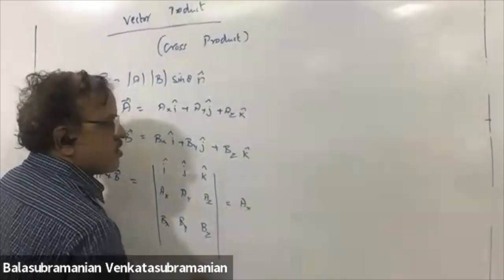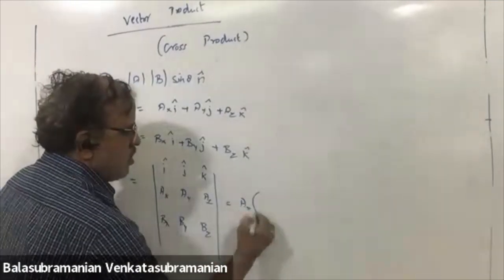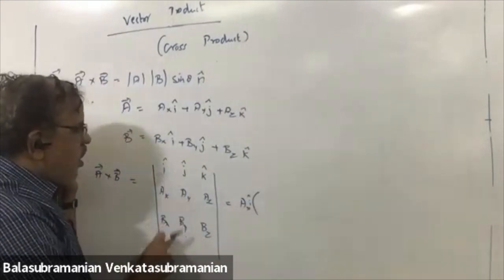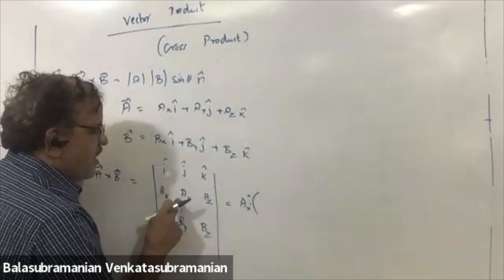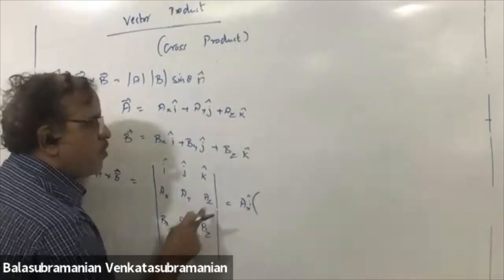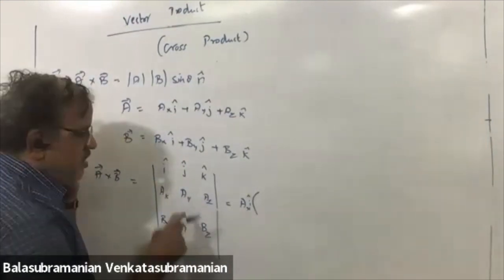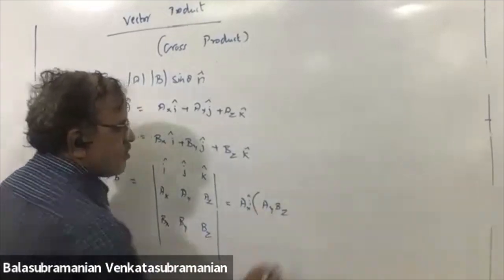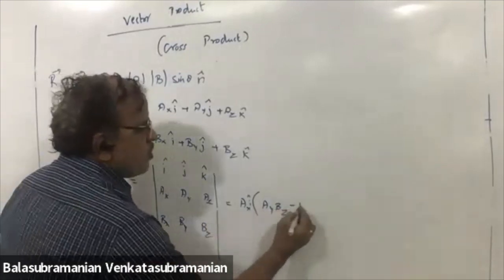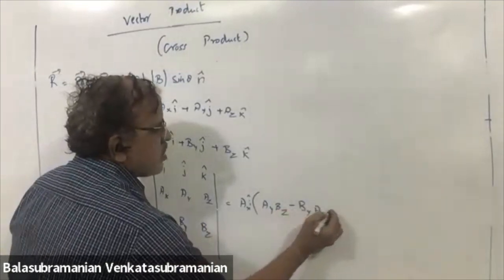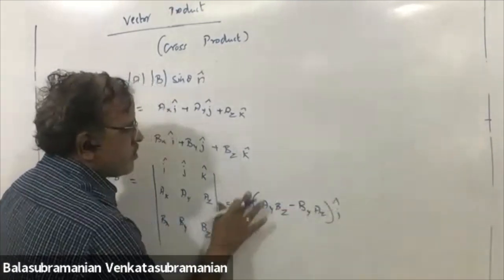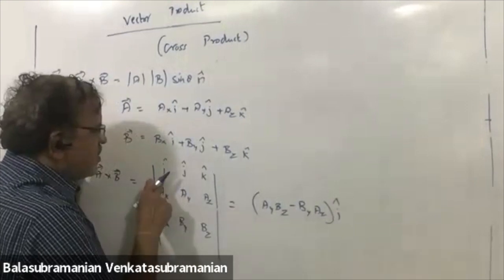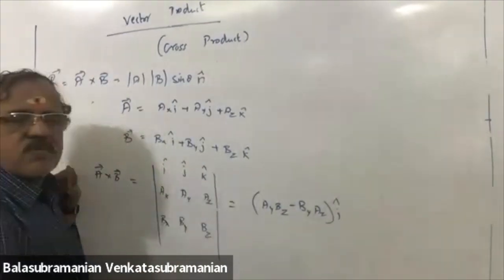First, i cap. Leave this column and this row, and cross multiply the opposites: AY BZ minus BY AZ, i cap. Plus, minus, plus.